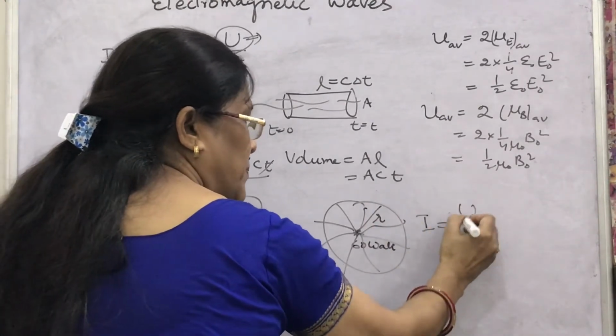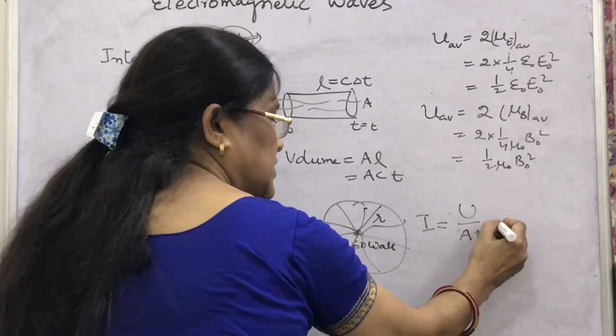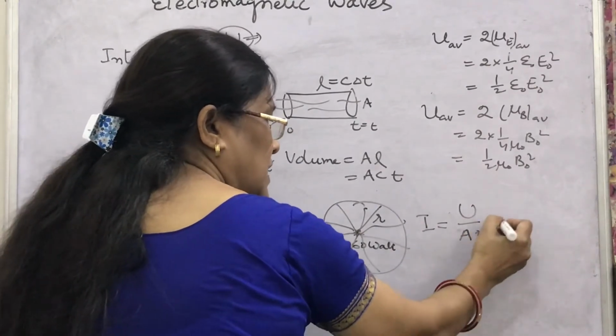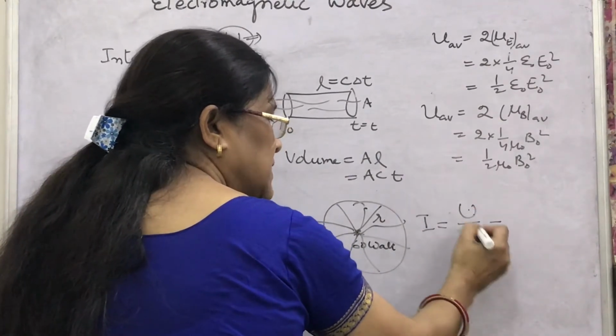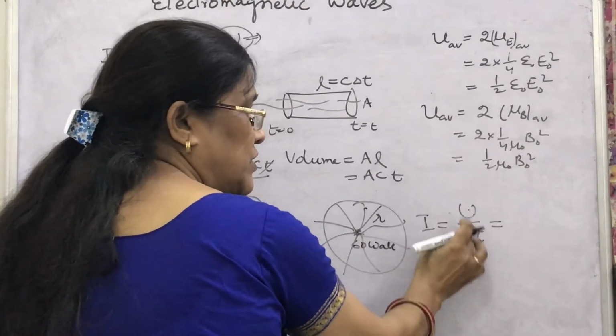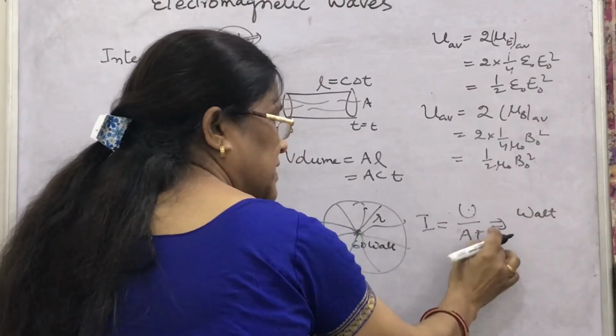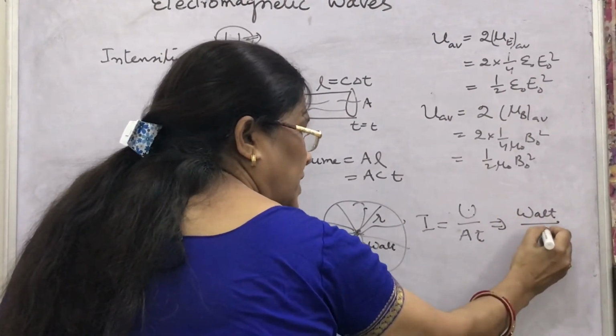Look, U upon A t we have seen, 60 watt means 60 joules per second, and U upon t is watt. So intensity will be watt upon meter square.